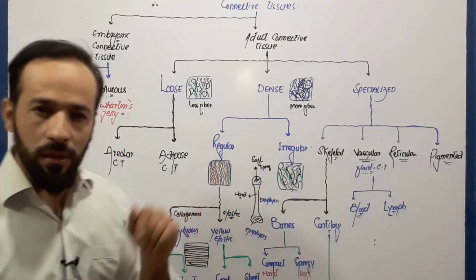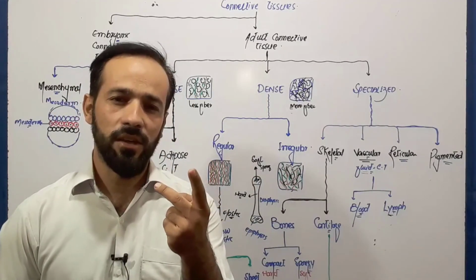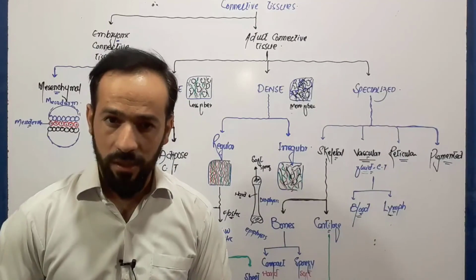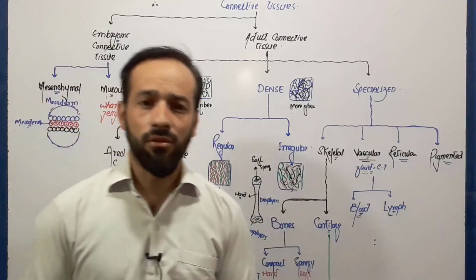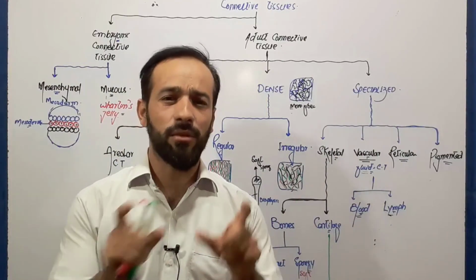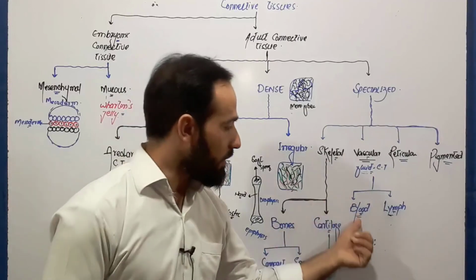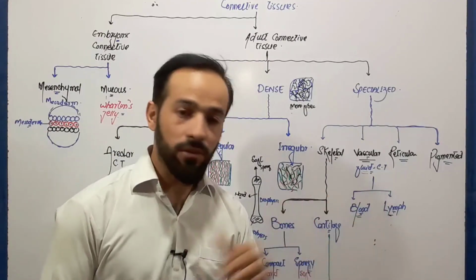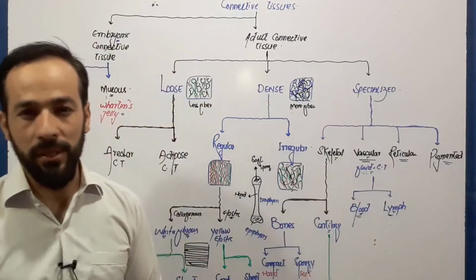Then cartilage was classified into three classes: elastic cartilage, hyaline cartilage, and fibrous cartilage. We will have lectures on them. Then the vascular tissue, also called the fluid connective tissue, is divided into two classes: the blood and the lymph. We will have lectures on blood and lymph, and then we will also give you examples of reticular and pigmented connective tissue.